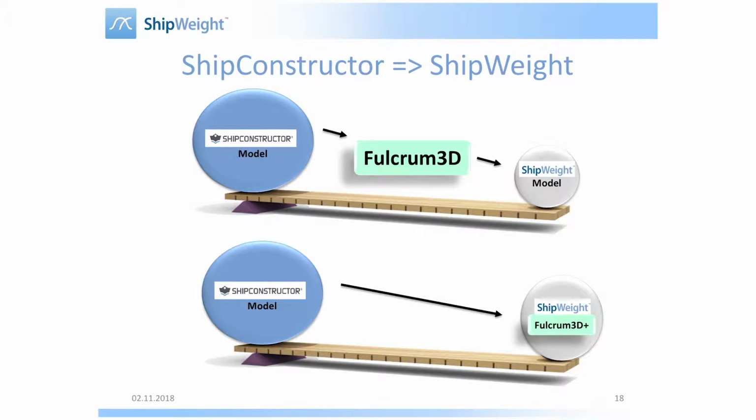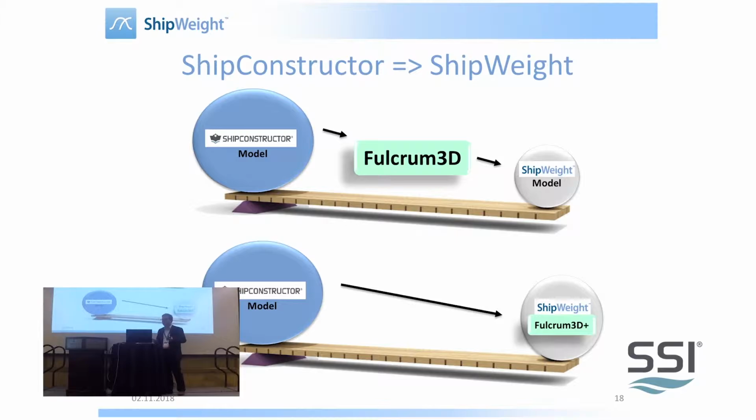So we won't need to first get the TSV into Fulcrum, produce an XML file and take that to ShipWeight, but we want to be able to consume the TSV files directly into ShipWeight with the same functionality as you have in Fulcrum, and then maybe add something more. For example, to update depending on the maturity of items, whether items should go or not. So we want to make this process even easier in the future.